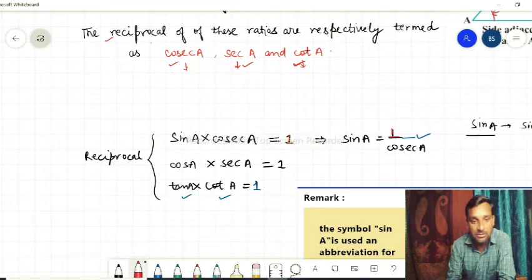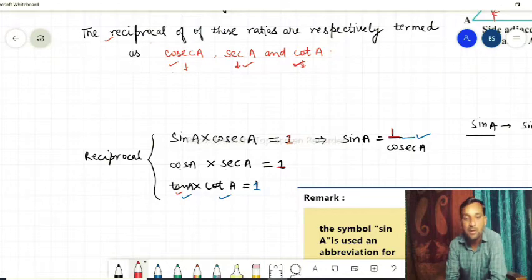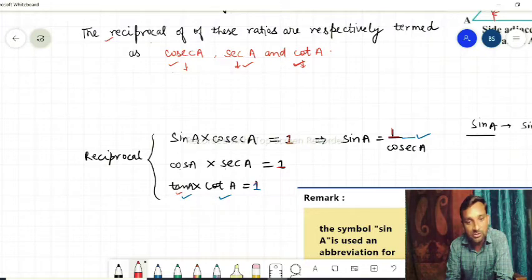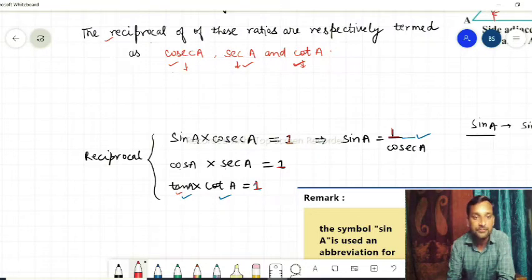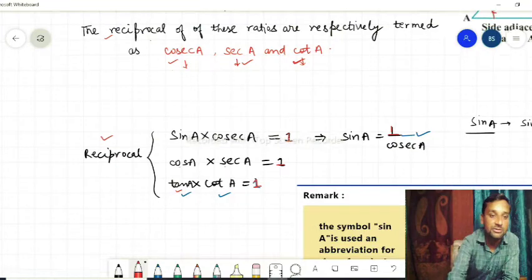And similarly, since cos A and sec A are reciprocals of each other, their product is also equal to 1. Similarly, tangent of any angle and cotangent of any angle are also reciprocals of each other, so their product is also equal to 1. These are known as reciprocal trigonometric identities.